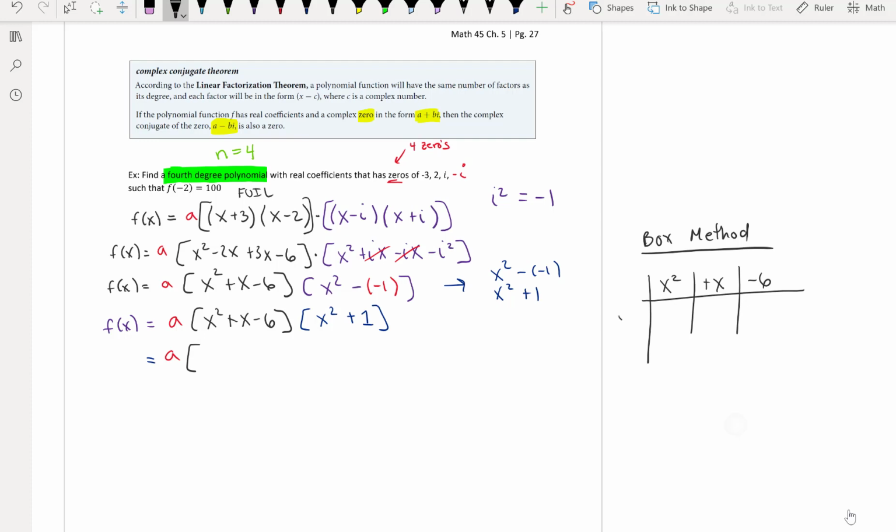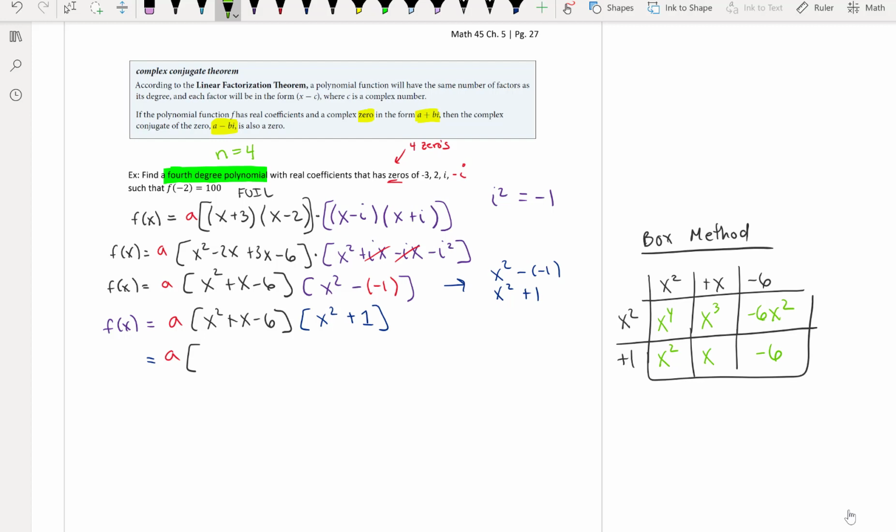And going down, I have an x squared and a positive 1. And this is just to help me organize how I'm multiplying everything together. So here I would have an x to the 4, I have an x to the 3, and a negative 6x squared. Here I have an x squared, I have an x, and I have a negative 6.